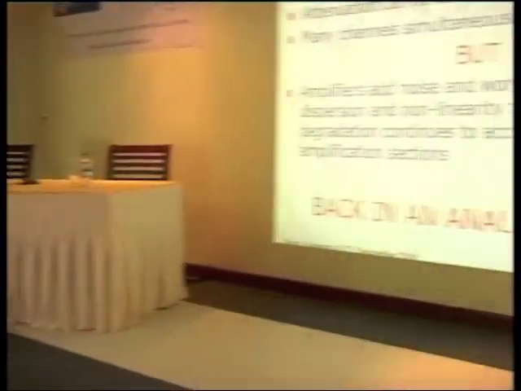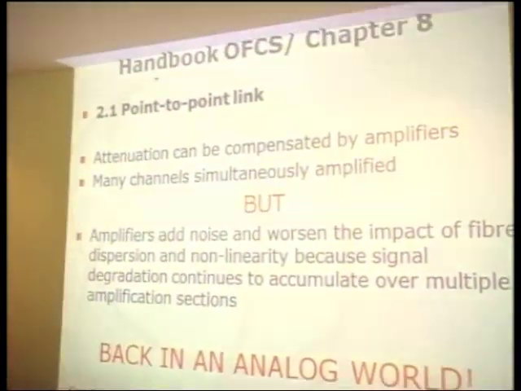So if we have two lambdas that are beating between them, a third lambda will be created. If the third lambda coincides with another signal, it will interfere. These are the most important effects from the nonlinear point of view.